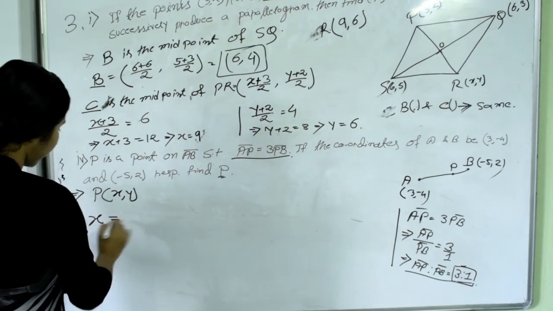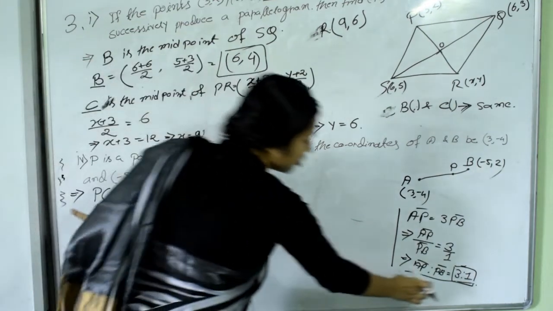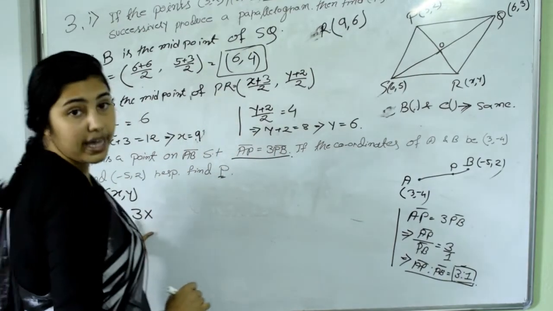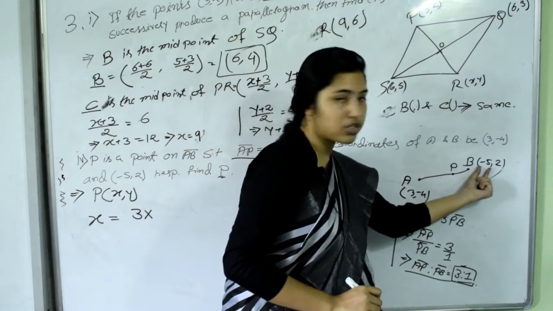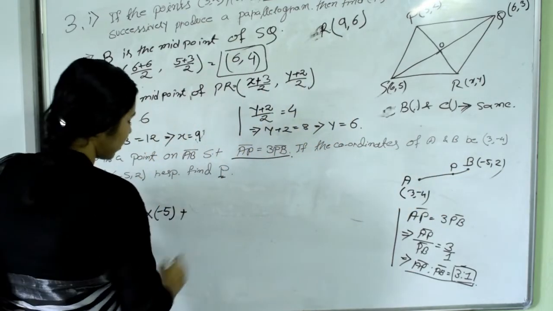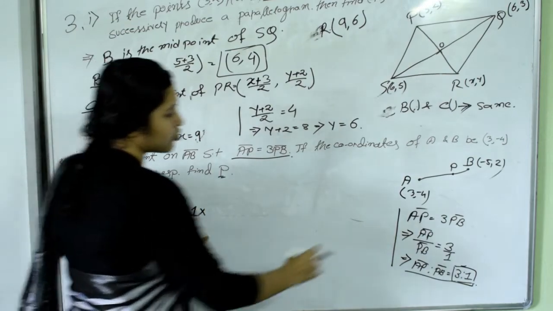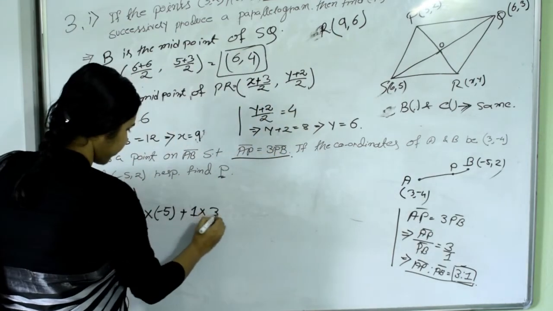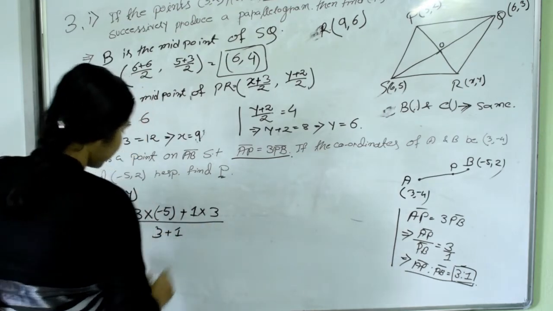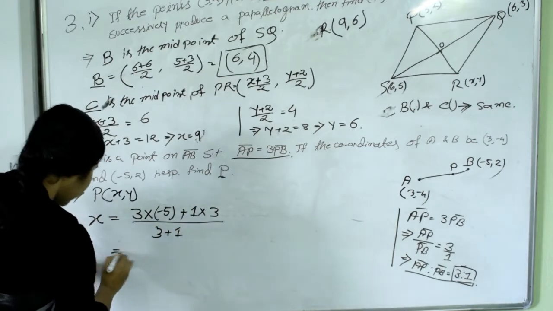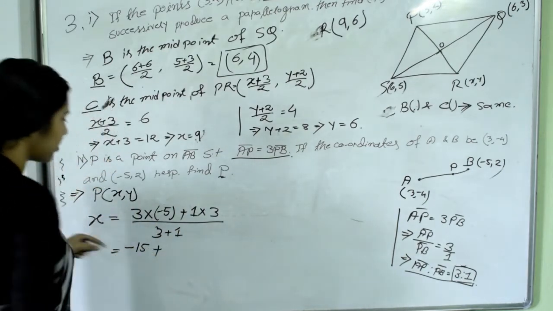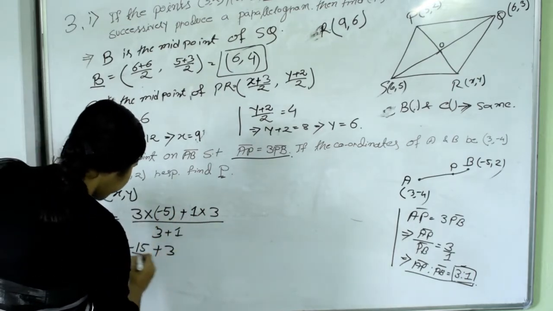So apply the formula. Suppose the coordinate of the point P is x comma y. Then the value of x is equal to m into x2 plus n into x1 by m plus n, where the value of m is 3. So 3 into x2, here x2 is minus 5, plus n into x1 which is 3, by 3 plus 1. 3 5s are minus 15 plus 3 1s are 3, by 4.